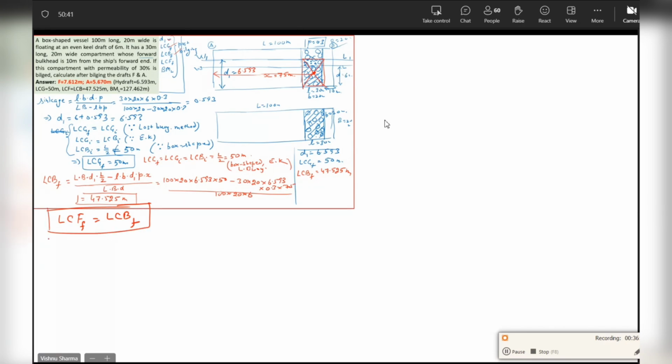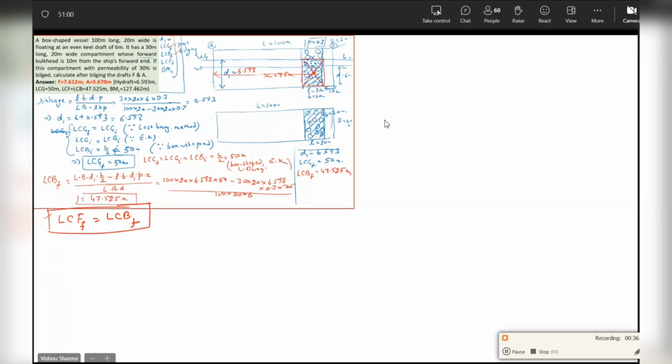But again, it is not universally going to be so. And hence, in some cases, you can run away by calculating either LCF or LCB and using the other as the same. In other cases, you may have to calculate both of them.